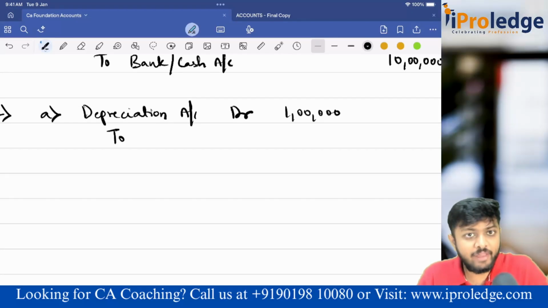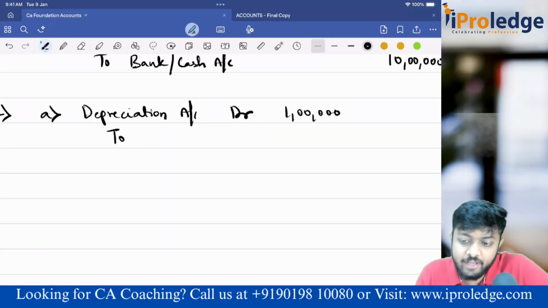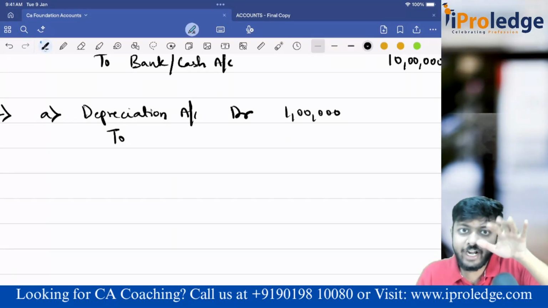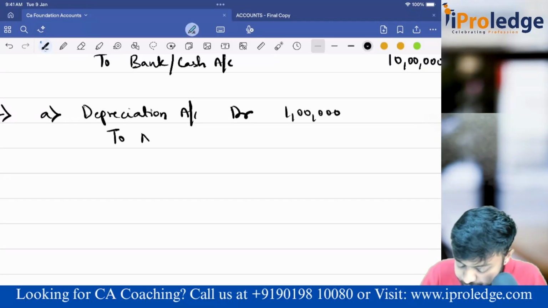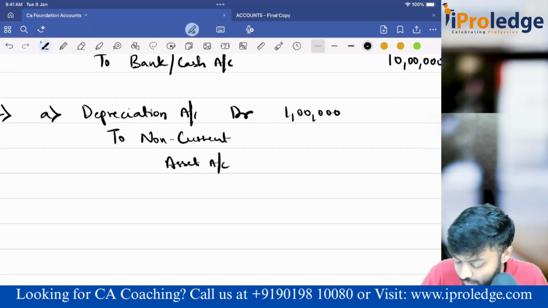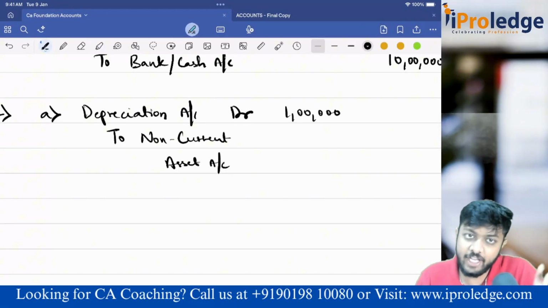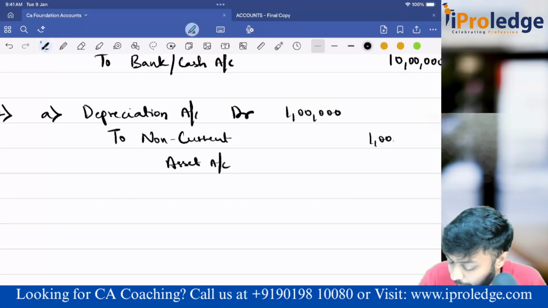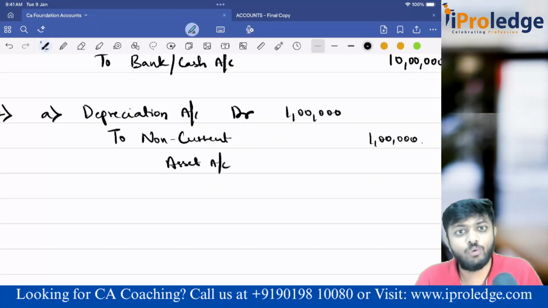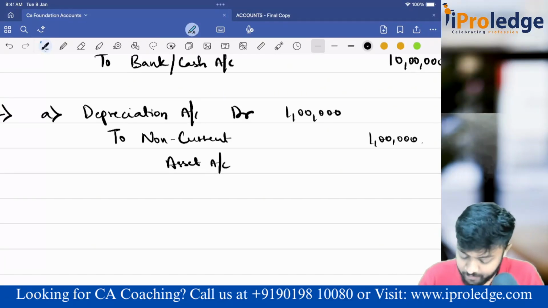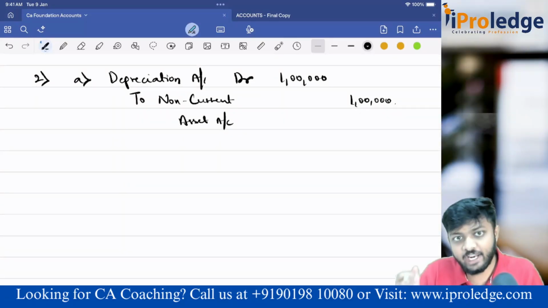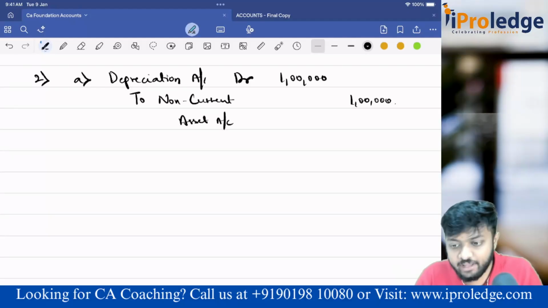Whenever you are passing depreciation, the value of the non-current asset is decreasing. So to non-current asset account, which is an asset, because of depreciation it is decreasing. So asset decreasing, credit, 1 lakh rupees. Done. This is one way of providing depreciation: depreciation expense increasing, debit; non-current asset is an asset decreasing, credit.